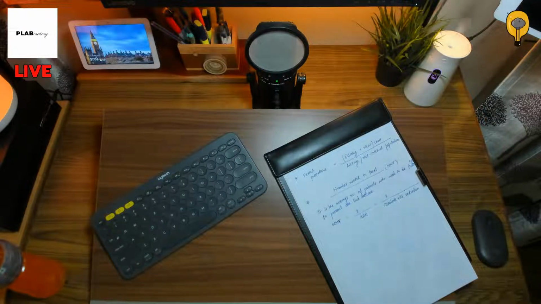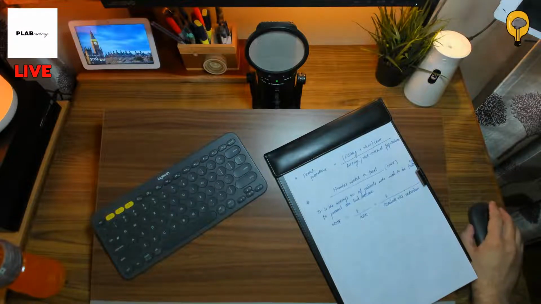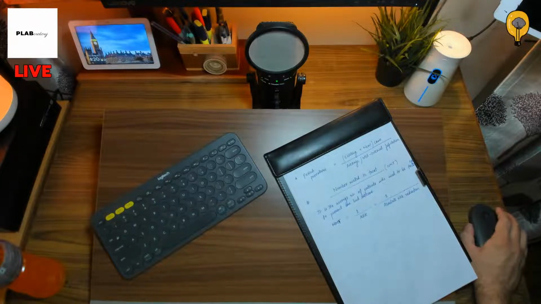So absolute risk of the control group would be 20 divided by 100. Absolute risk of the treatment group would be 10 divided by 100. So 0.2 and 0.1. So 0.2 minus 0.1 will give us 0.1. So our absolute risk reduction will be 0.1.